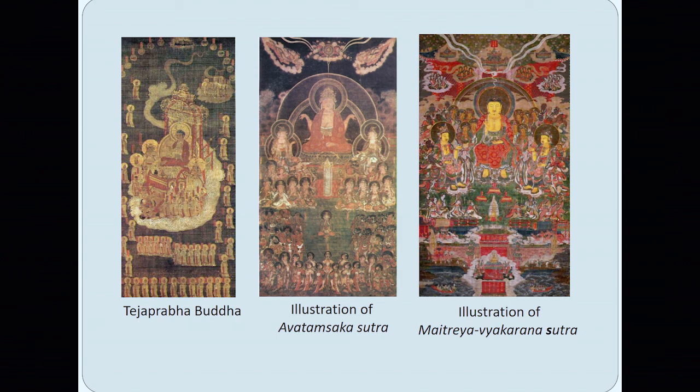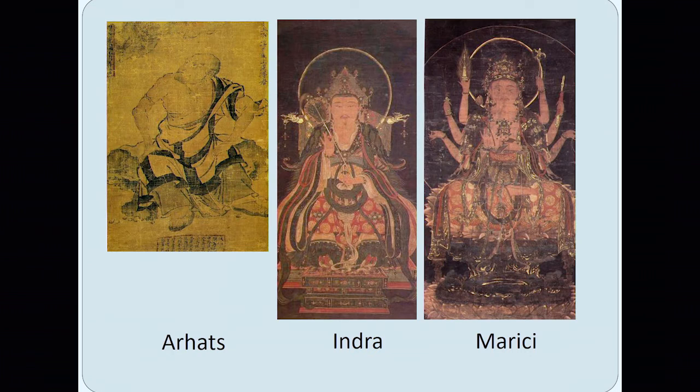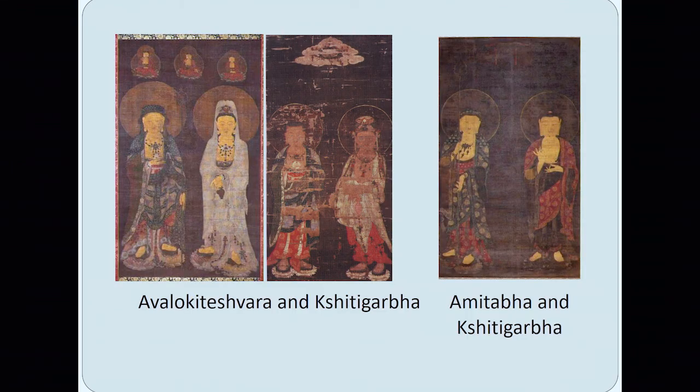A small number of paintings deal with rarer subjects, like we're looking at here. Others show arhats, Buddhist guardians, and so on. There are also a handful of Goryeo Buddhist paintings that depict two deities side by side.